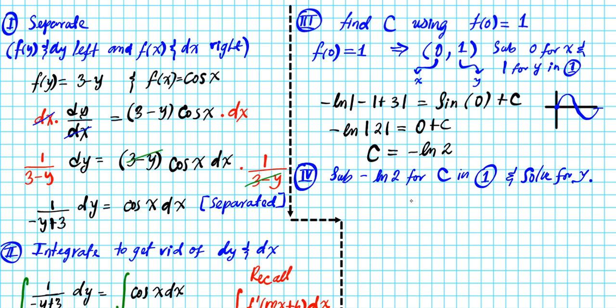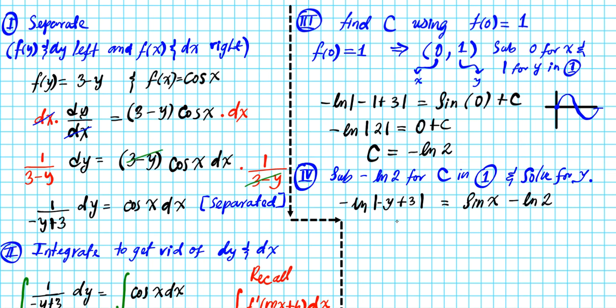Now let's go back to our general implicit solution: negative natural logarithm of the absolute value of negative y plus 3 equals sine x. Now instead of plus c, we already know what plus c is. It's going to be the natural logarithm of 2, so plus minus makes a minus ln 2.